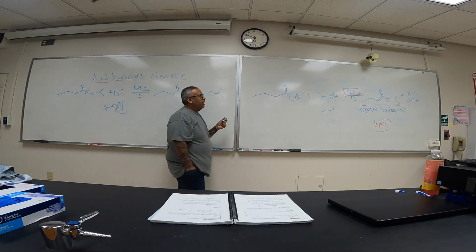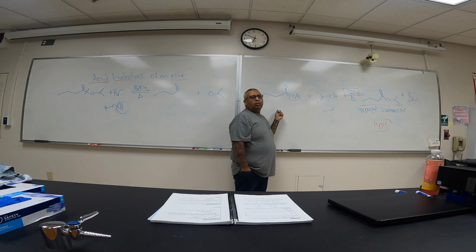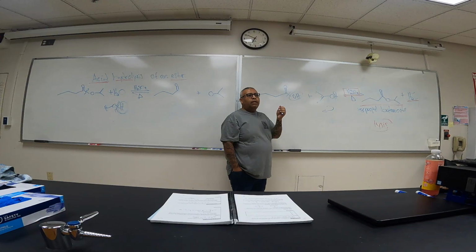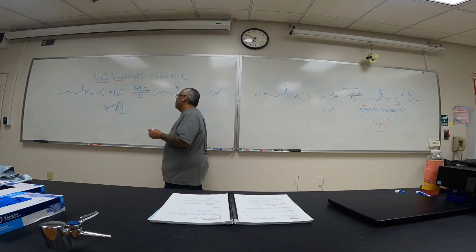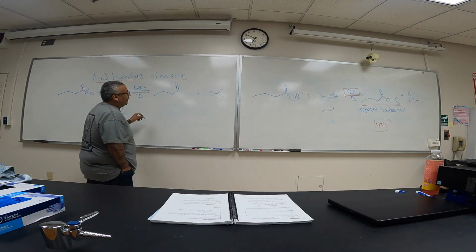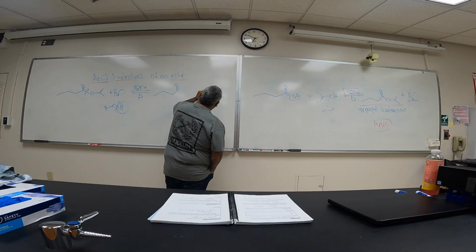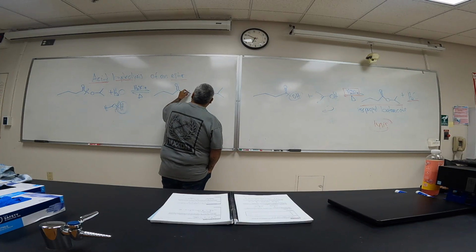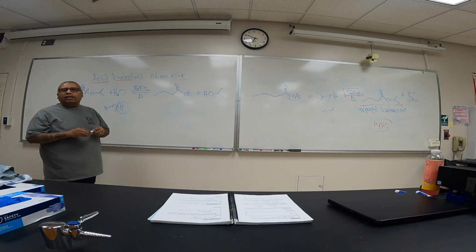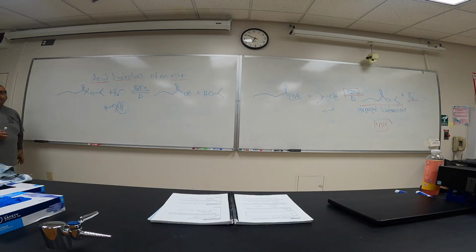Now, if we reverse the reaction, we're not going to make an aldehyde. We're going to get an alcohol and a carboxylic acid. So this is acid hydrolysis.